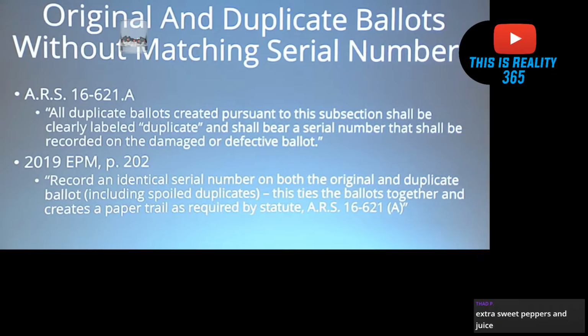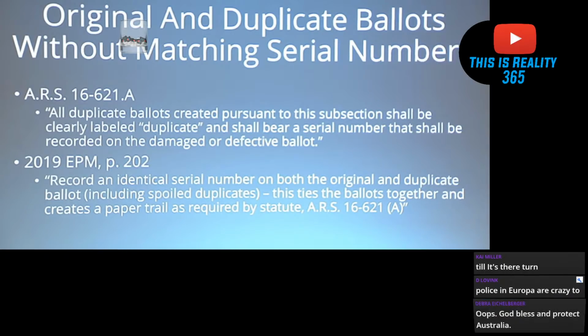The other reason would be to make sure that the votes recorded on the duplicate correctly reflect the votes on the original or damaged ballot. There were approximately 2,500 duplicated ballots where there were no discernible serial numbers recorded on either the original or the duplicate ballot. Obviously, this does not comply with those statutes and procedures.